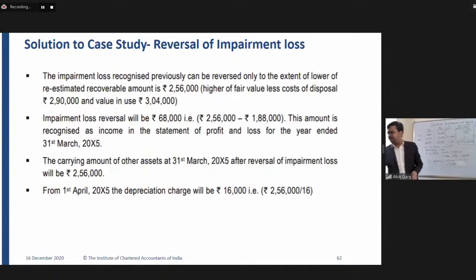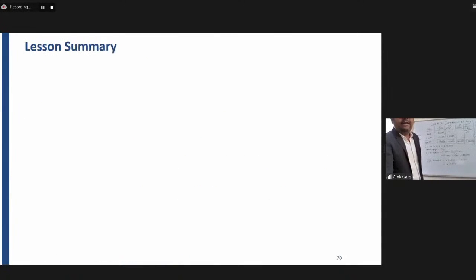Any doubt so far, friends? Any doubt so far for this particular impairment of assets? We have covered all the aspects of impairment of assets so far. So if you don't have any doubt, then it's time for the lesson summary. It's Maggie time. So can we start our Maggie time? Let me wait for a minute. Then I'll start my Maggie time.